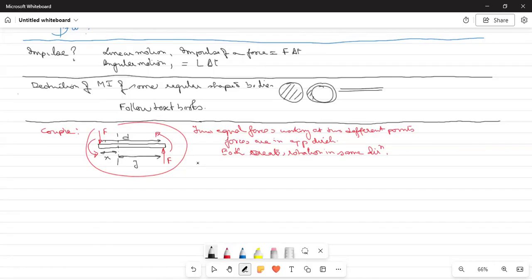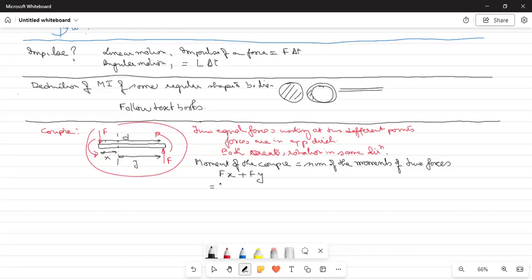Then the moment of the couple is equal to the sum of the moments of the forces. The moment of one force is F into its distance x, another force is F into its distance y.